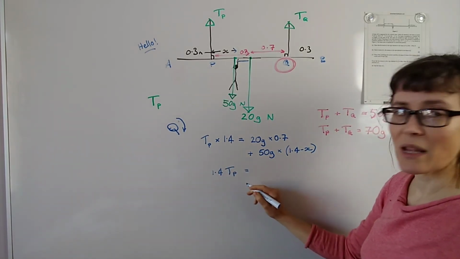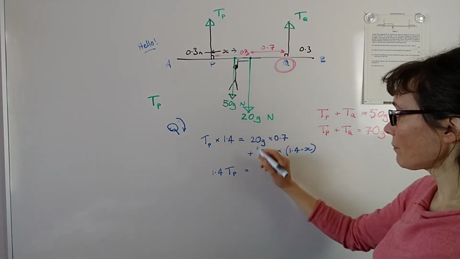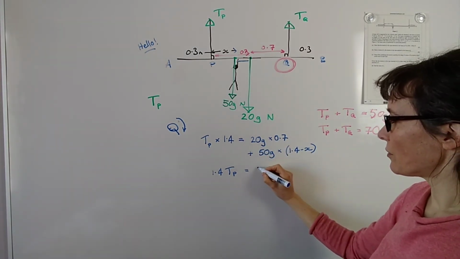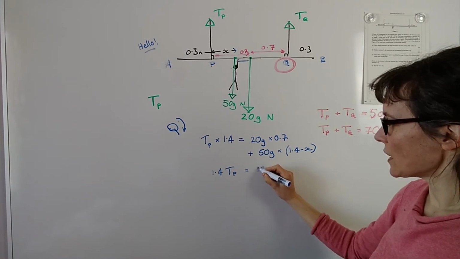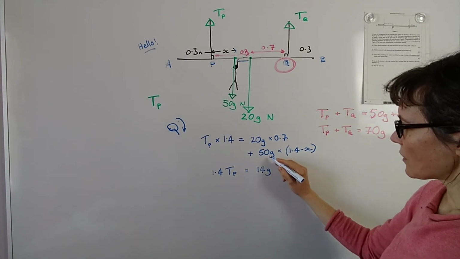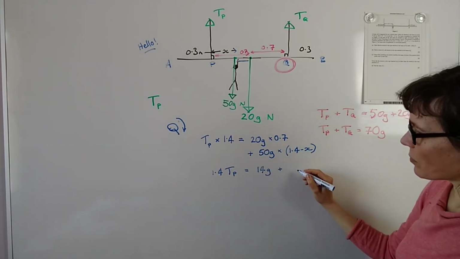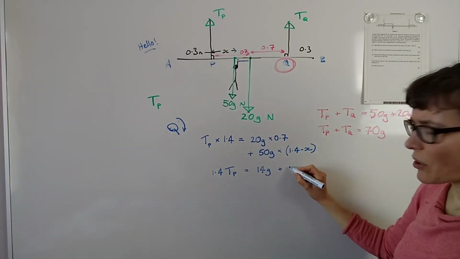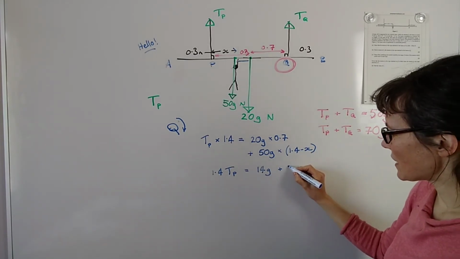And the second bit, I've got 50 times 9.8, which is 490, divided by 1.4, and I get 350 on the nose. So no rounding required if you just use the calculator.